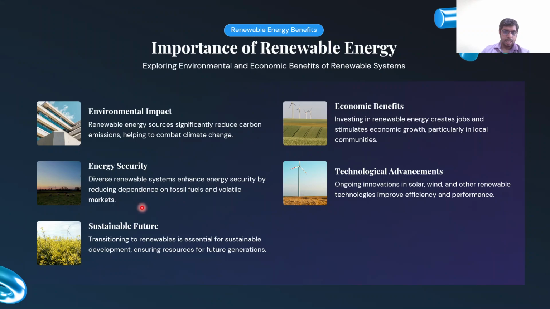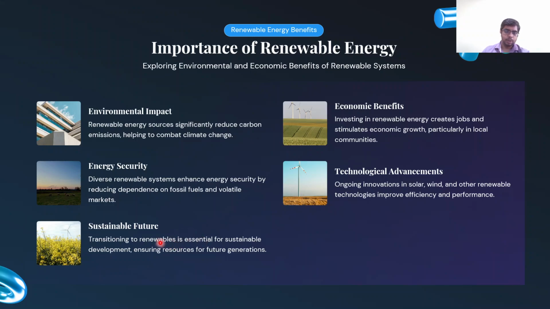And the people are looking for a sustainable future. So the transition to these renewable energy resources is essential for sustainable development, ensuring the resources for the future generation. So you have to make sure you leave adequate resources for future generation.